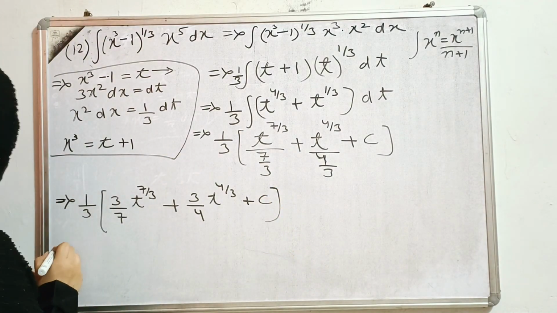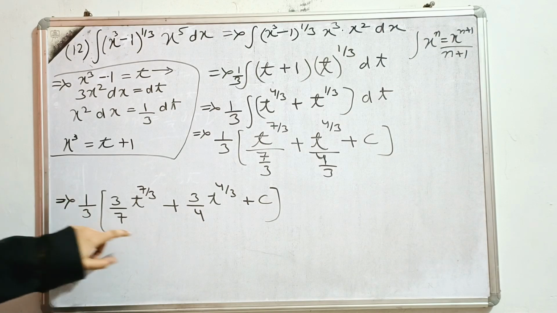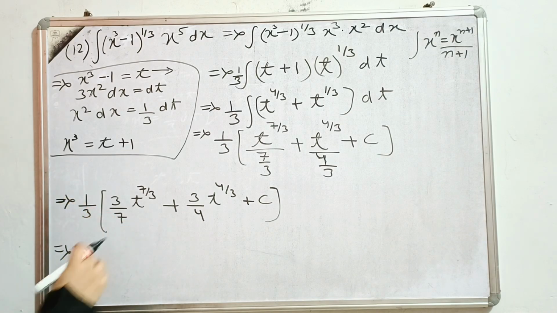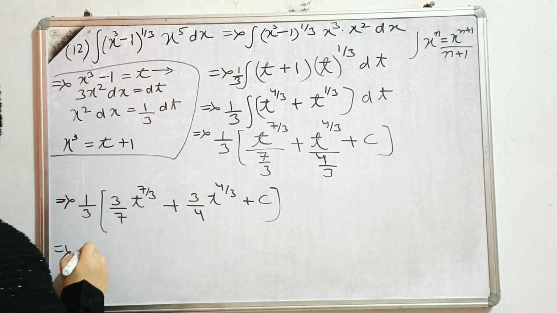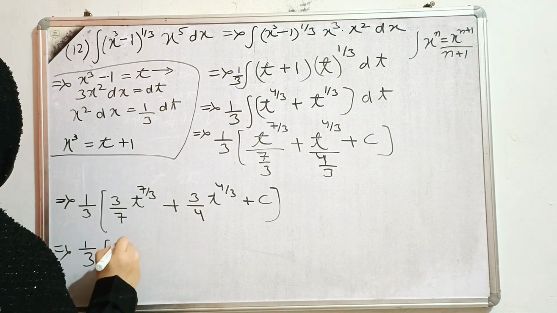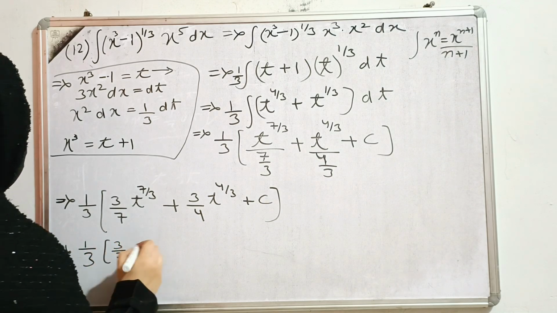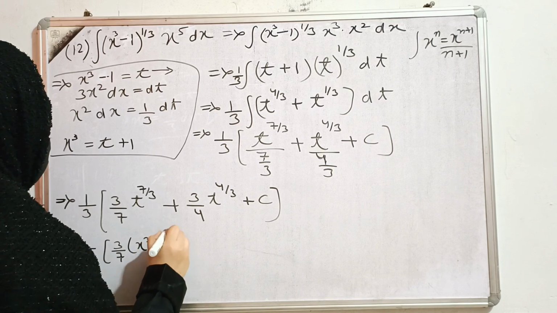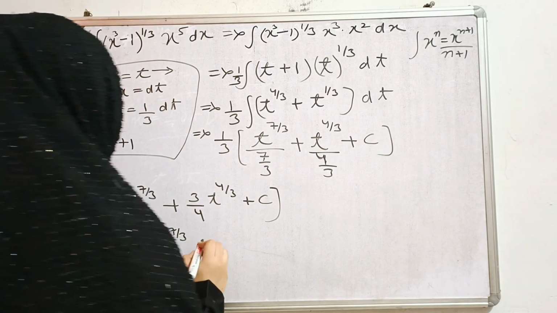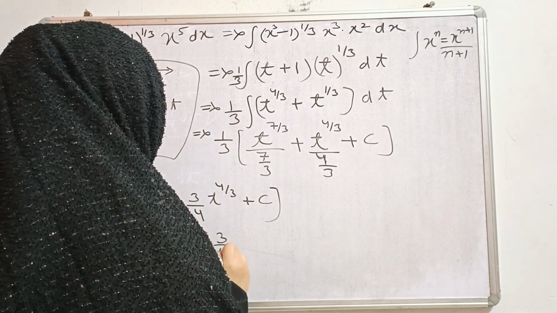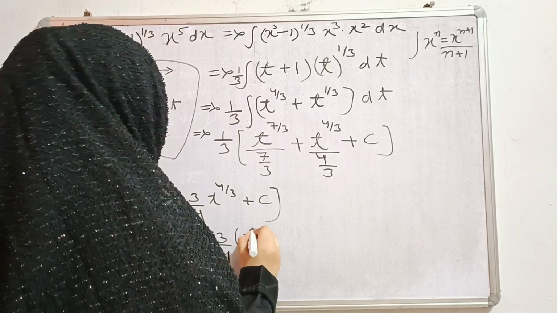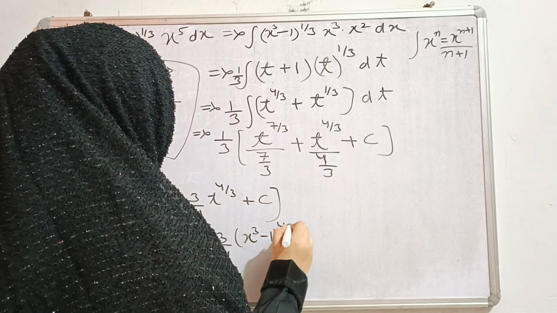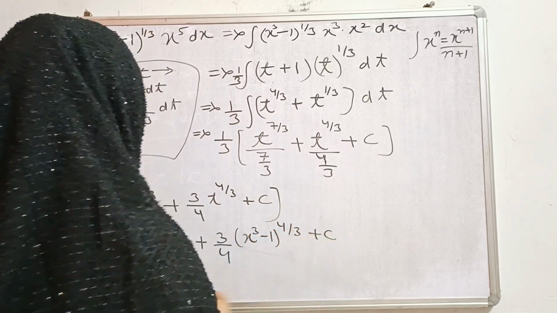Now multiplying this bracket, we apply the value of t. The value of t is x cube minus 1, so we get 1 upon 3 times 3 upon 7 x cube minus 1 power 7 upon 3 plus 3 upon 4 x cube minus 1 power 4 upon 3, plus c.